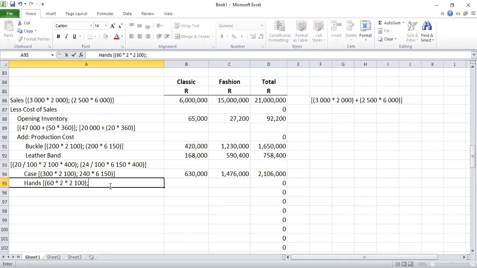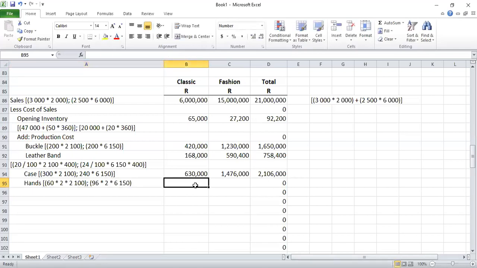Then we've got 96 by 2 by 6,150. That gives $252,000.